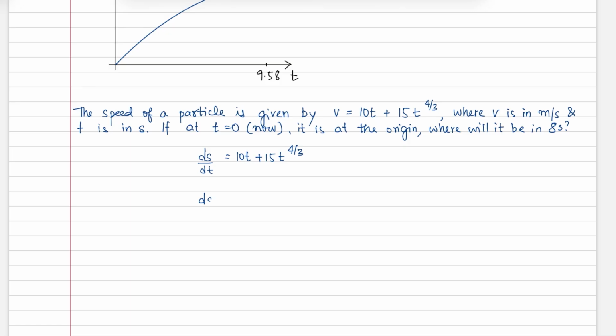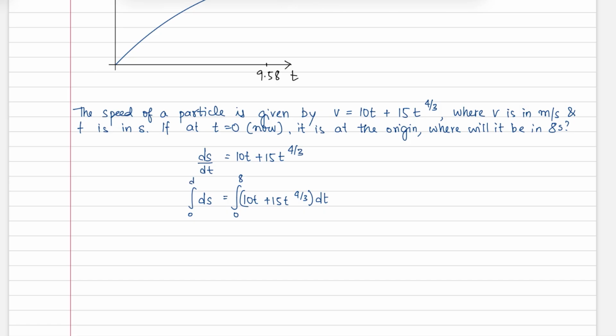And so here we have the integral of 10t plus 15t raised to 4/3 dt. First you have your initial condition as time t equal to 0, it's at the origin. And at time 8, we're interested in what its position is, that is d.